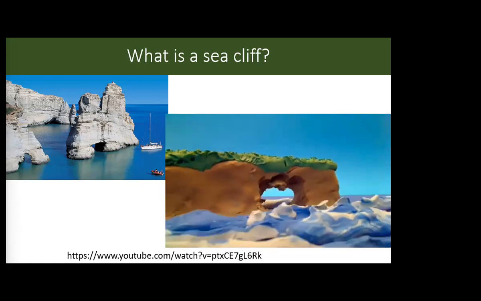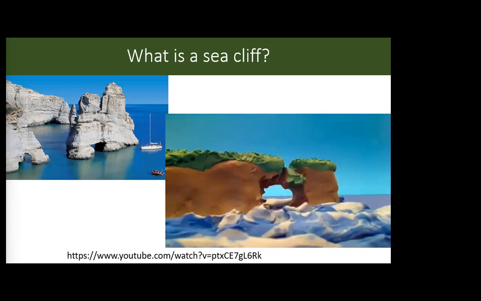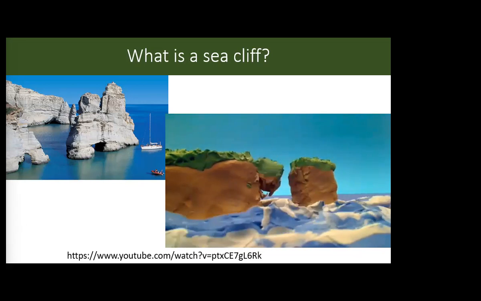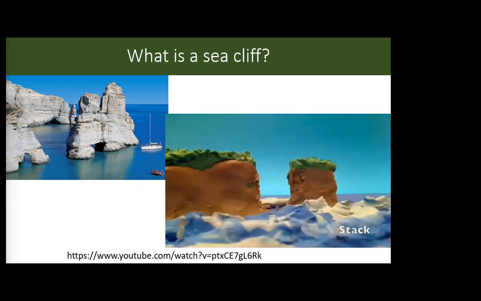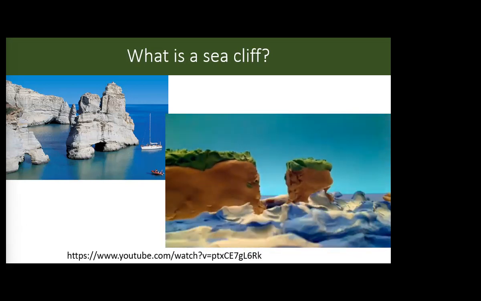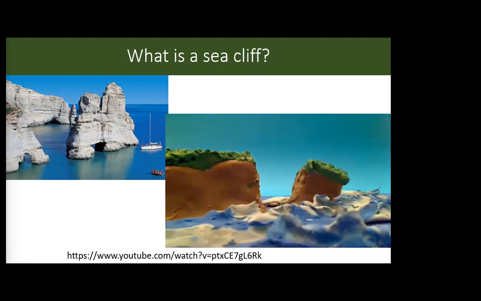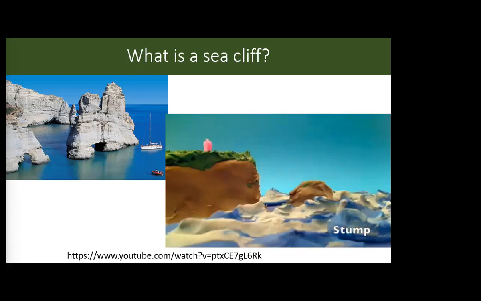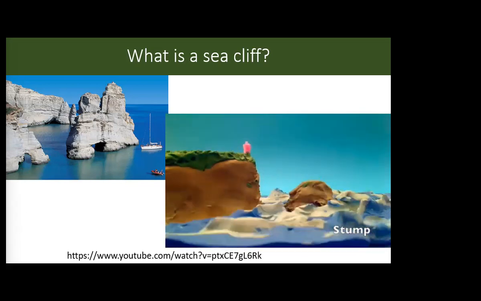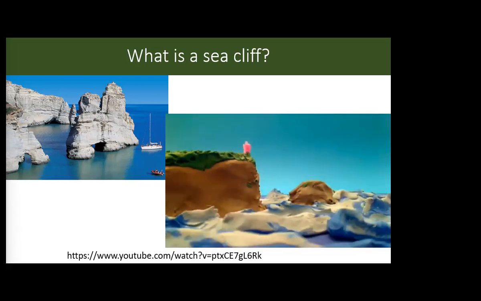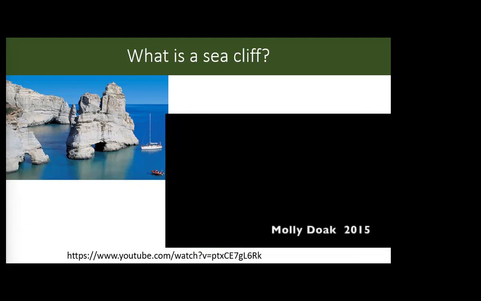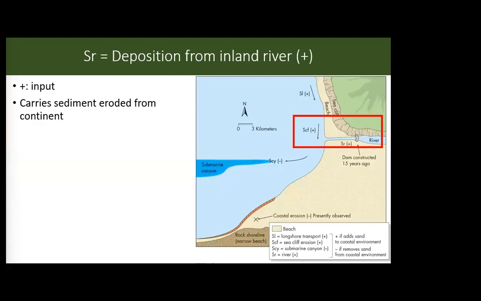Remember, it's those vectors of the waves that kind of hug that headland. So it erodes around it and it leaves that stack there. And eventually it'll keep doing the same thing until that stack is removed, makes the stack smaller, and they'll just fall over each other. So that's what sea cliffs are. We talked about that when we were talking about wave directions.